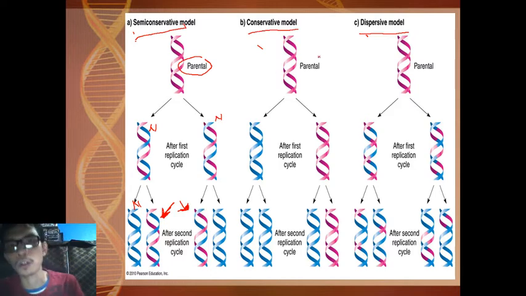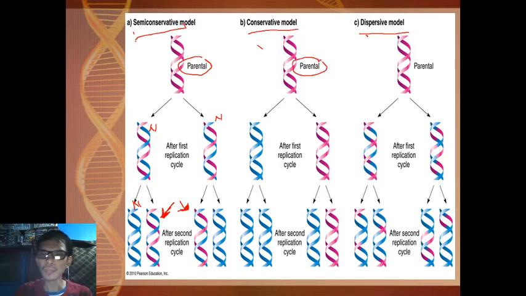Next one. In the conservative model, we start with the parental. What happens here is that the parent, the pink DNA over here, uncoils, then it produces this blue one over here and another pink DNA over here.